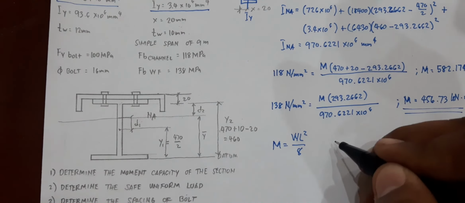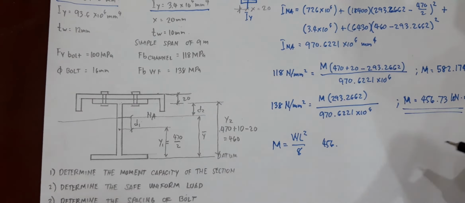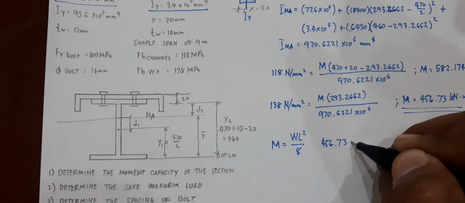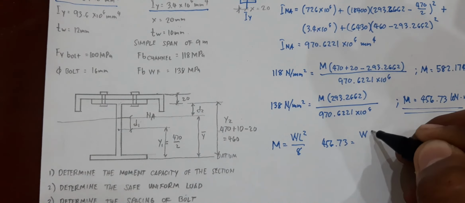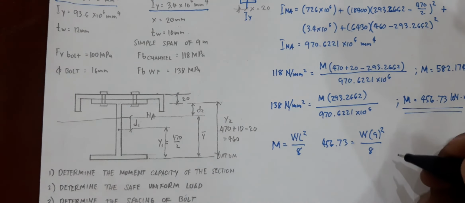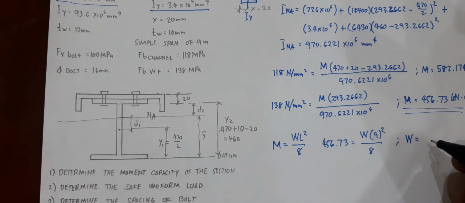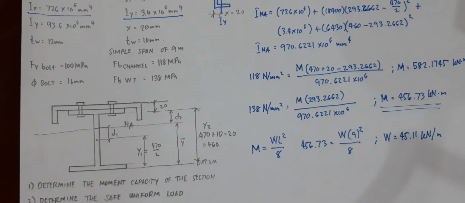So you have here 456.73 is equal to W times 9 square divided by 8. Okay, so you would have a maximum uniform load of 45.11 kilonewton per meter.